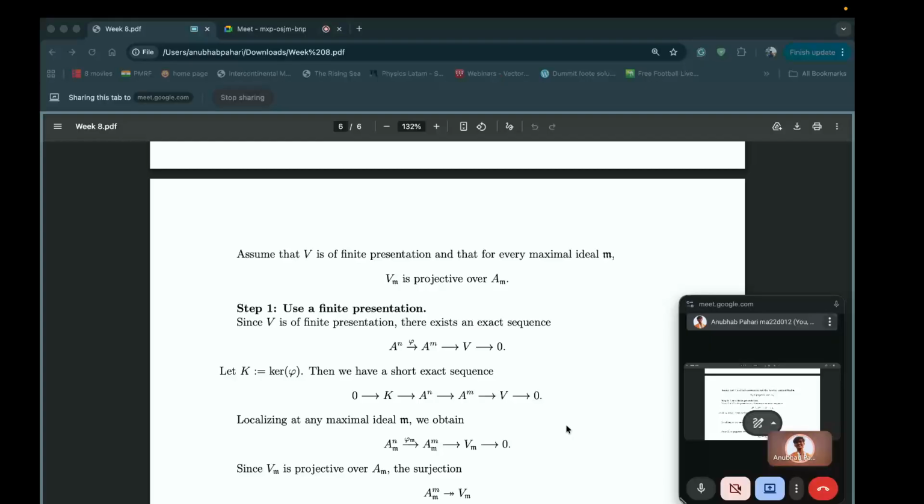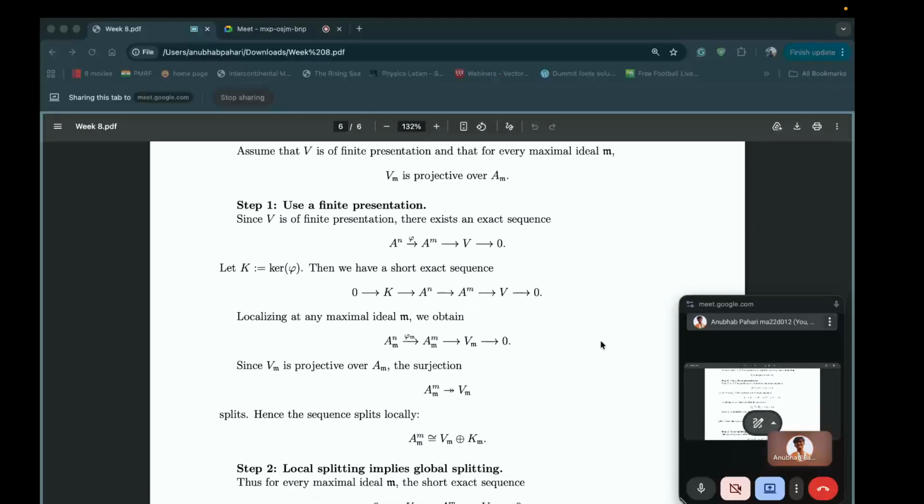Then we have a short exact sequence 0 to K, K to A^m, and A^m to V, which goes to 0. Localizing at any maximal ideal m, we obtain A_m^n to A_m^m to V_m to 0.